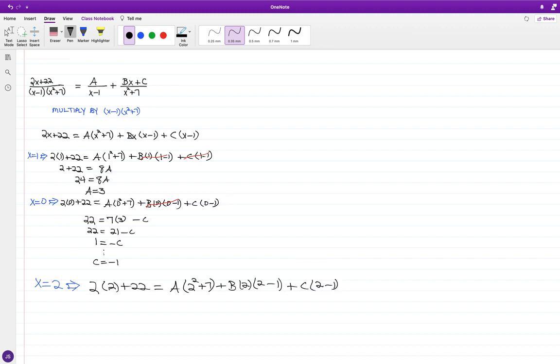2 times 2 is 4. 4 plus 22 becomes 26. Again, we have a at 3. 2 squared is 4 plus 7 is 11. And 2 times 2 minus 1 is going to be 2 times 1, which is 2 times b. So we have 2b. And we have plus c, so you're going to have minus 1 at the end. So we're going to have 26 is equal to 33 plus 2b minus 1.